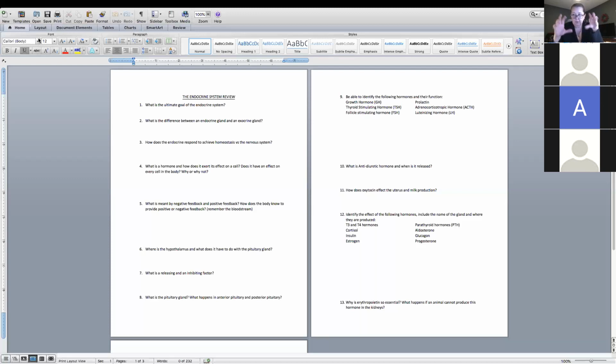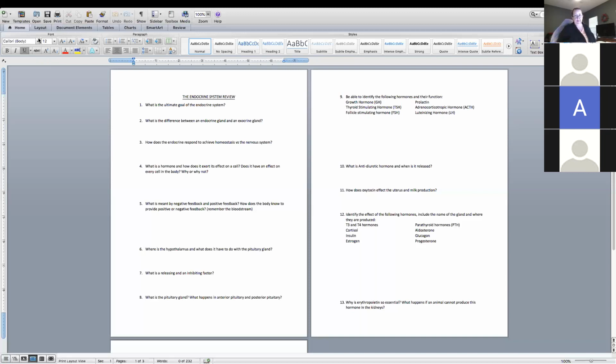The pituitary sends a factor to the target, and the hormone is produced and released. When the hypothalamus detects hormone levels rising, it's going to send an inhibiting factor, and it's going to inhibit production. Goes to pituitary. Pituitary sends an inhibiting factor to the target organ, and hormones are stopped, released.